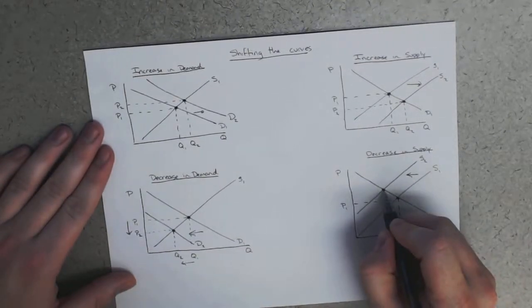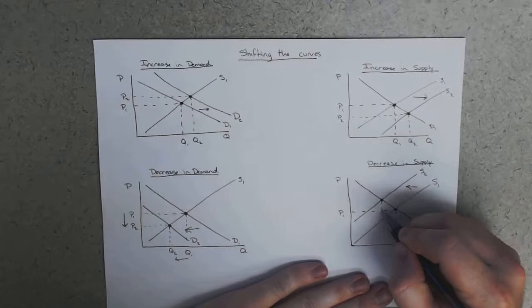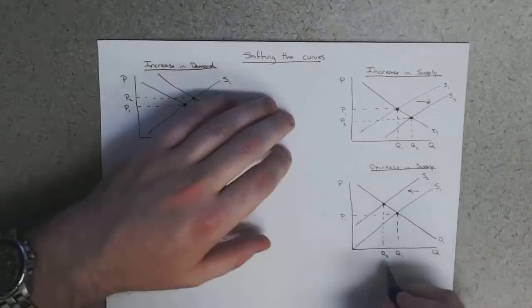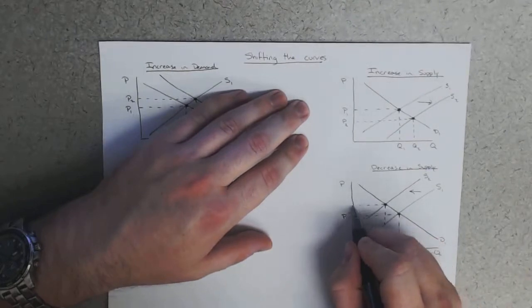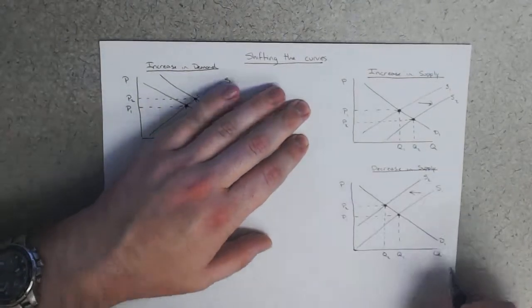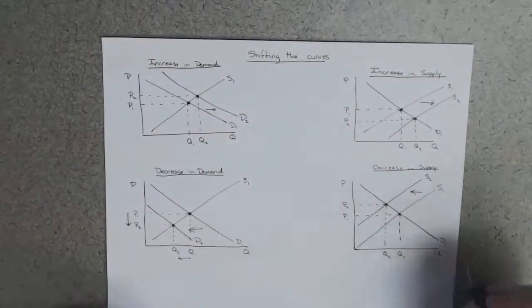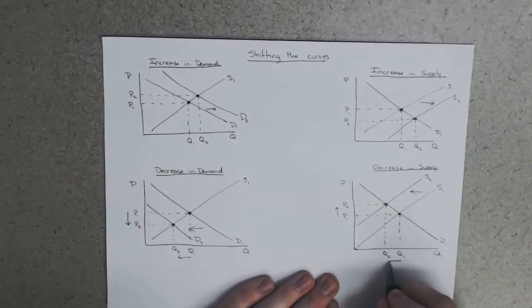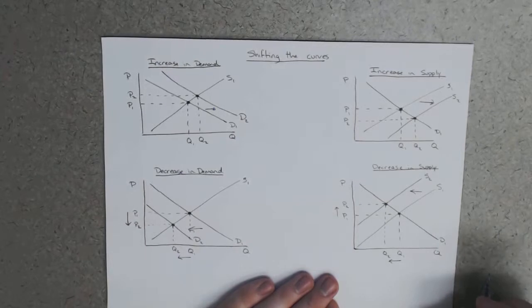We find our new equilibrium, and we come straight down to our new quantity and our new price. So a decrease in supply leads to an increase in price and a decrease in quantity.